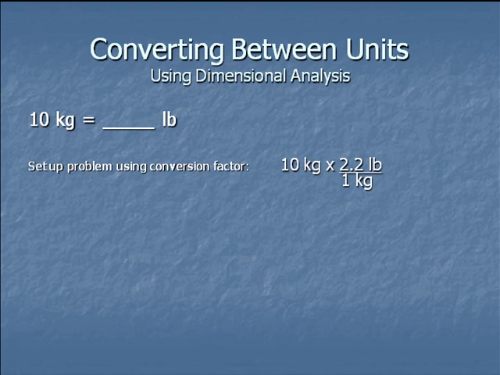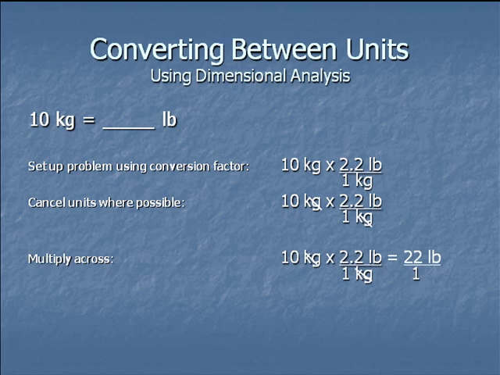We will then multiply by our conversion factor in the form of a fraction, the 2.2 pounds over the 1 kilogram. We make sure we place the kilogram at the bottom so that the kilograms cancel out and we are left with pounds. From here, we multiply across both the top and the bottom, and then simplify. We find that 10 kilograms is equivalent to 22 pounds.